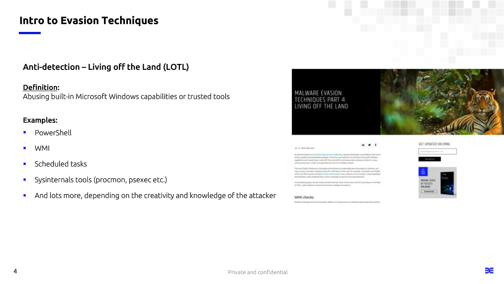Another example is WMI. This is Windows Media Instrumentation. It's another common built-in Microsoft Windows tool. It allows you to query and run operations on the operating system. It's also a very far-reaching tool. For example, it allows you to create scheduled tasks, which are the next example provided here. Scheduled tasks are also built-in Windows tools.